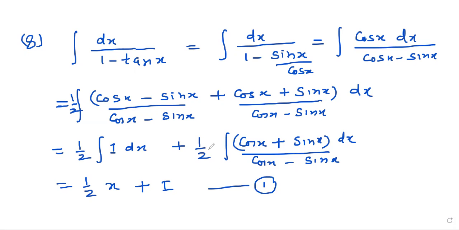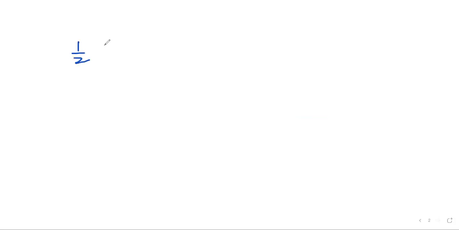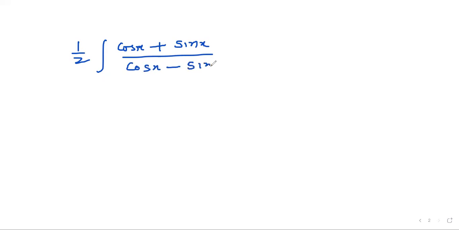Now we are going to treat this separately and then we will put the value of I. So we write it 1 by 2 integration (cos x plus sin x) divided by (cos x minus sin x) dx.